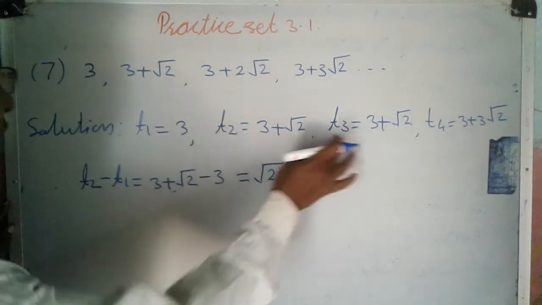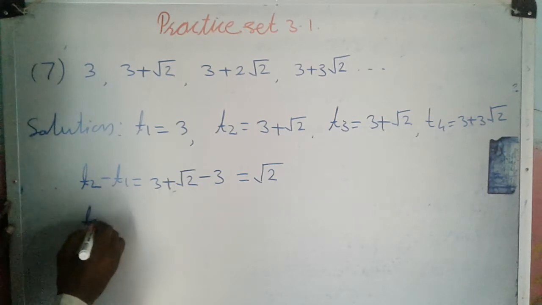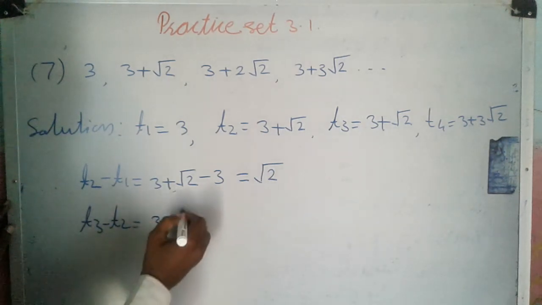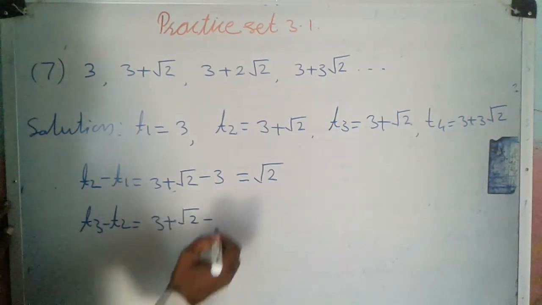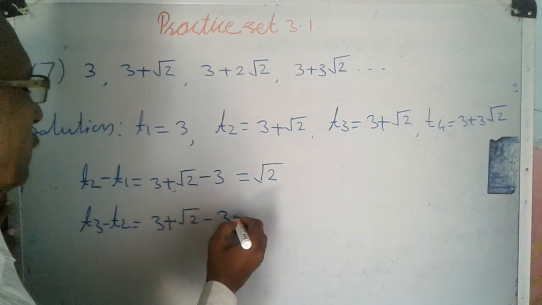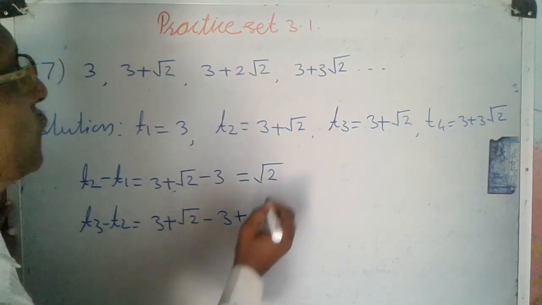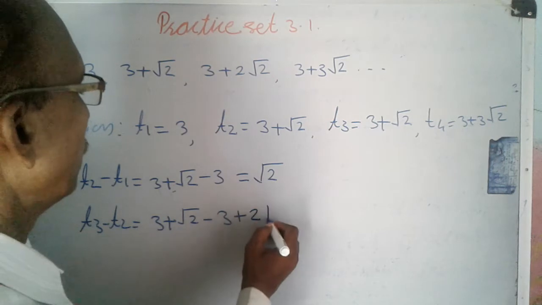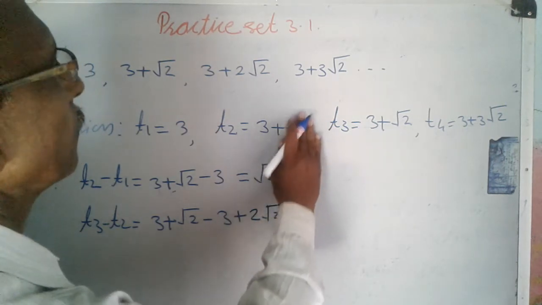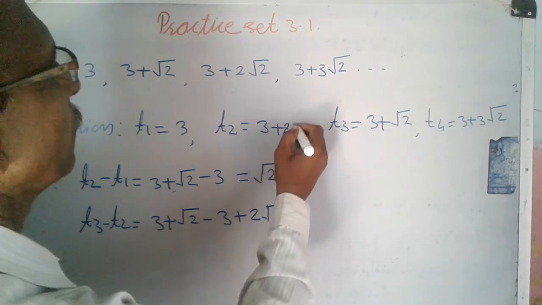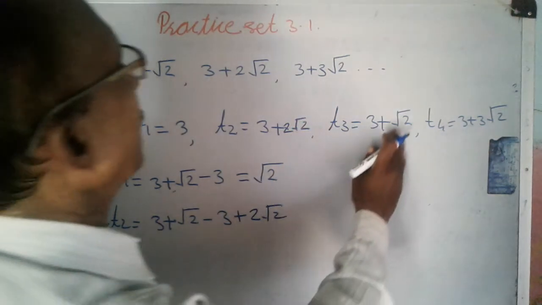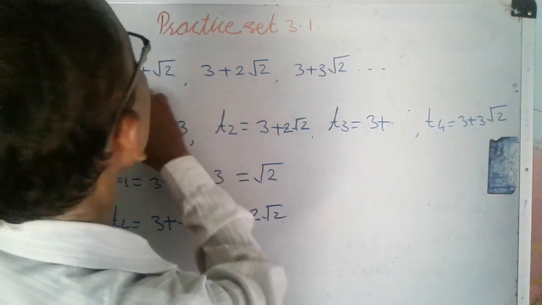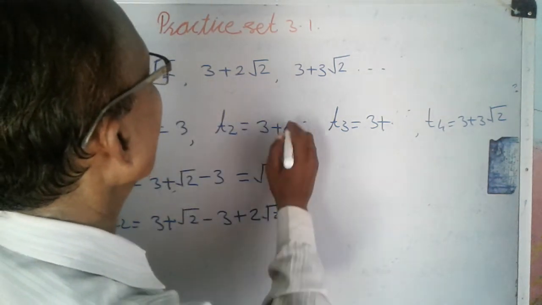Now T3 minus T2. 3 plus root 2 minus 3 plus 2 root 2. And here is also 3, root 2.